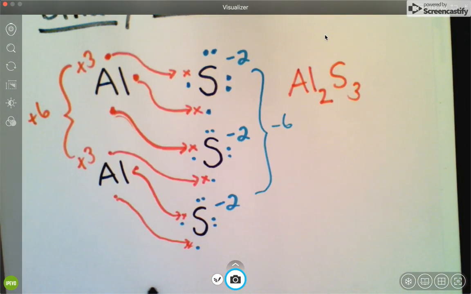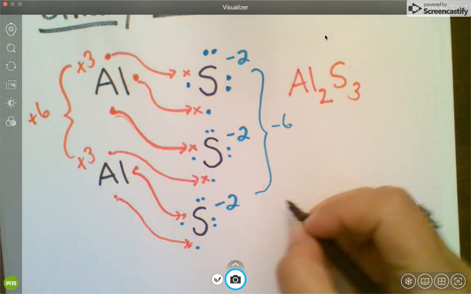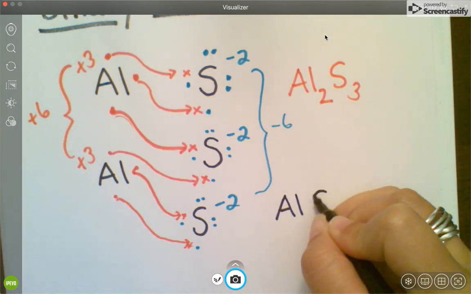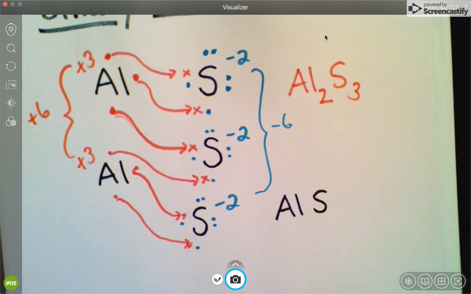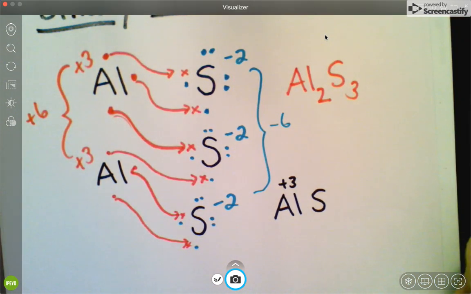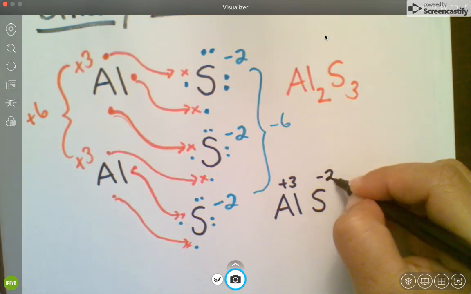What we can do is use what's known as the crisscross method. You start off with your metal and your nonmetal, the symbol for each, and you write them side by side. We take a look at the valence of aluminum, and we say, oh, aluminum tends to give up 3 electrons. So I put a +3 above its symbol, and we notice that sulfur tends to pick up 2, and I put a -2 above.